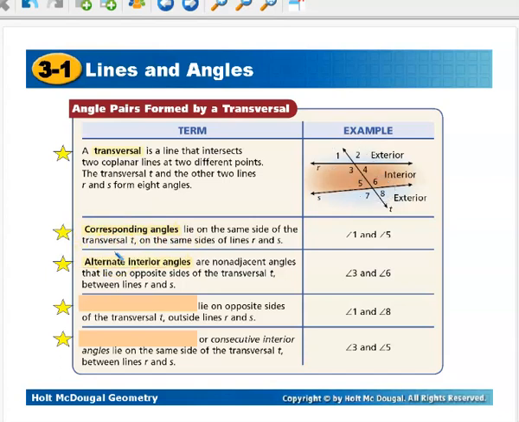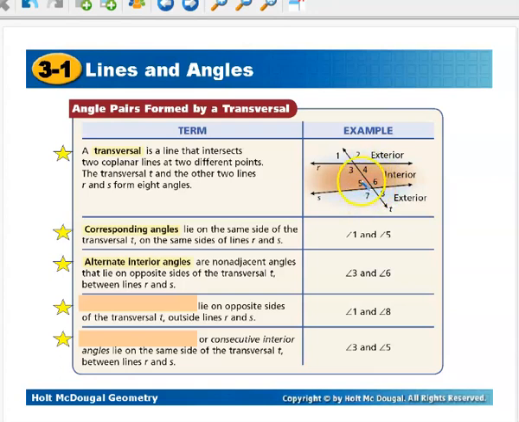Alternate interior angles. That's kind of self-explanatory, but let's make sure we go over it. Alternate means on opposite sides. So it's going to be on opposite sides of the transversal. And interior. And we're not looking for linear pairs. Like 5 and 6, that's a linear pair, but they're not alternate interior angles.